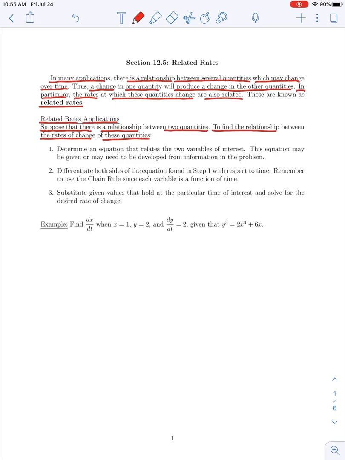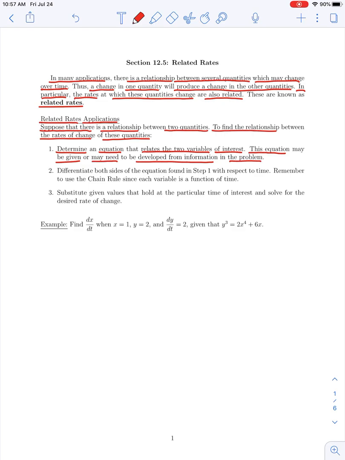Our first step is to determine an equation that relates the two variables of interest. Now, in some problems, this equation is given, and in some other problems, we may have to develop an equation from information given in the problem.